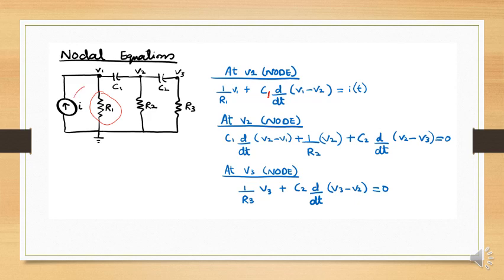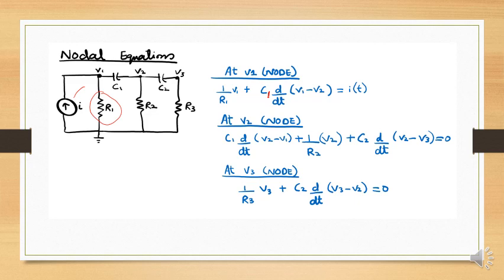Similarly, at node 2, we have C1 d/dt (V2 minus V1), then V2/R2, and node 2 is also connected with C2. So C2 d/dt (V2 minus V3) is equal to 0.